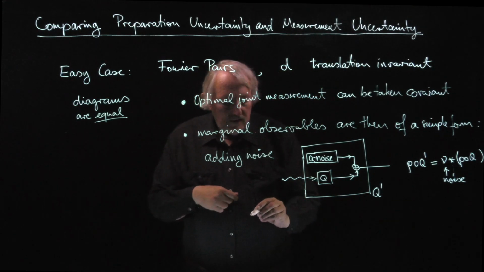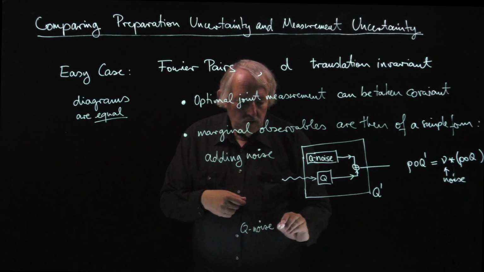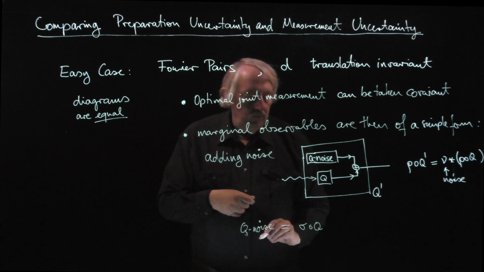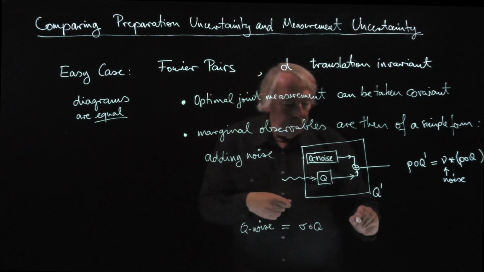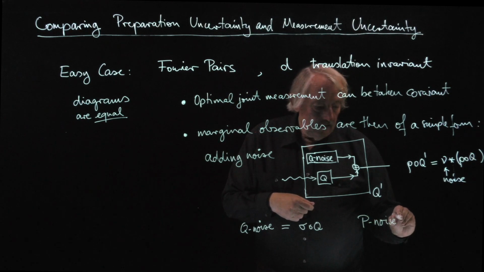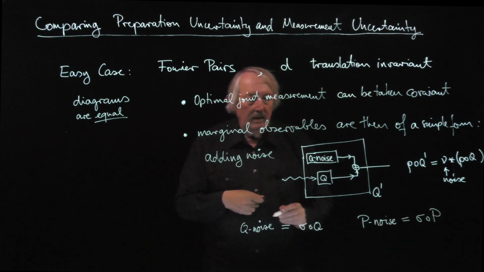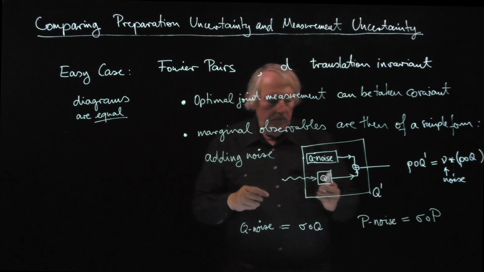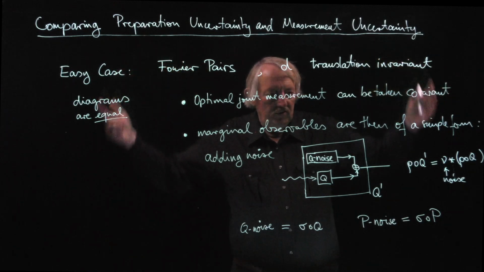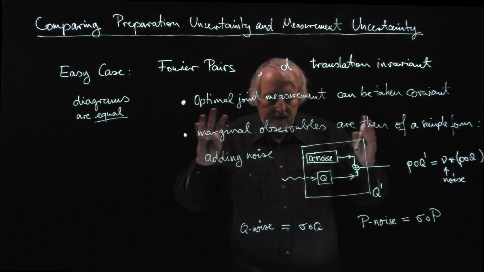And it turns out that the Q noise for any joint measurement is of the form sigma output distribution of another quantum state, and the P noise for the other marginal is the corresponding momentum distribution. So this equality holds for arbitrary metrics and so on. It's extremely general, arbitrary metrics, arbitrary error exponents, and what have you, right?